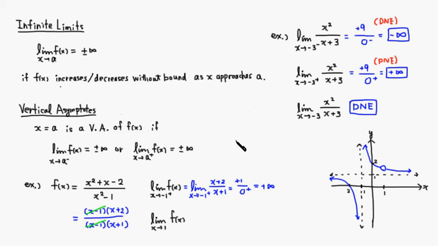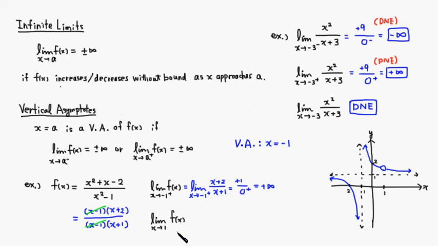So here's the vertical asymptote we found. The first one is x equals negative 1, because this function blows up to positive infinity as x approaches negative 1. That's why x equals negative 1 is a vertical asymptote.